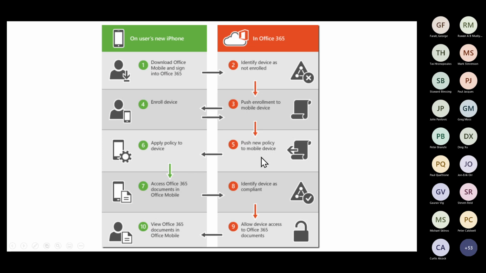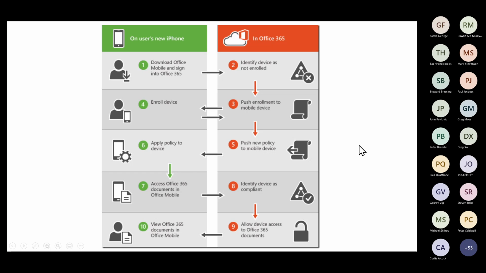That will then push that policy to that device after they've completed that enrollment, and then it will identify whether the device is compliant. So once it's joined, it'll be evaluated for compliance. If it's compliant, then allow the device to access information in Office 365.